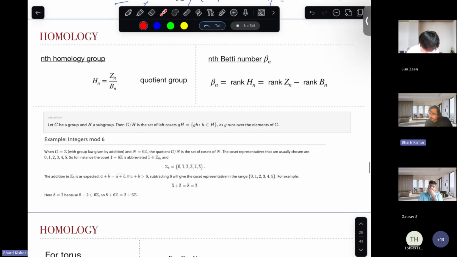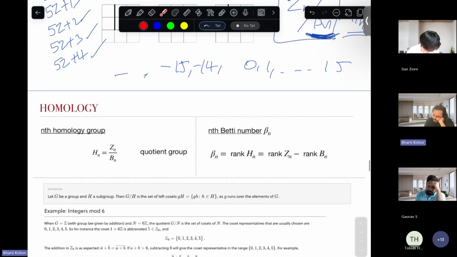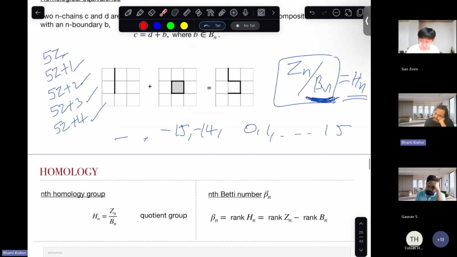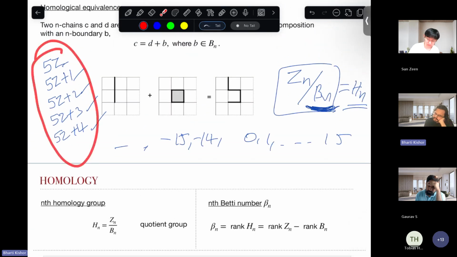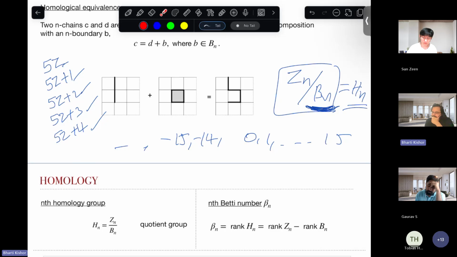So for example, here it's Z5. Yeah, I gave some example. Maybe this is not the perfect one, but you can always talk about this quotient group, which captures the idea of equivalence.